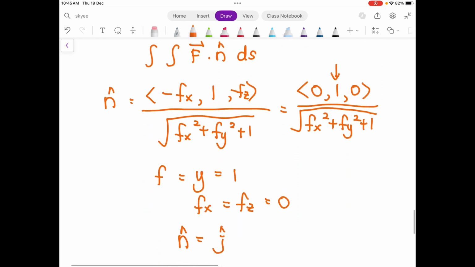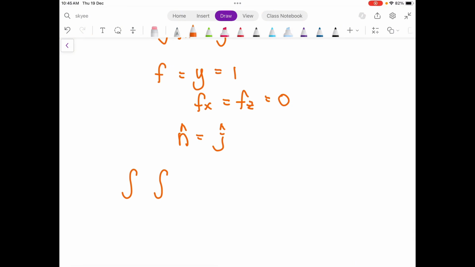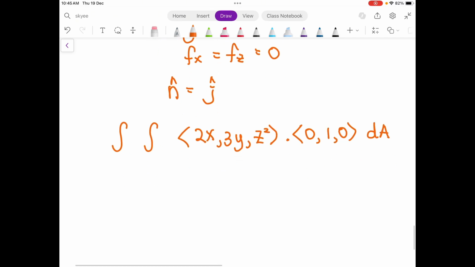Our F is 2x, 3y, z squared, dot product with 0, 1, 0. So now I have only this 3y left.